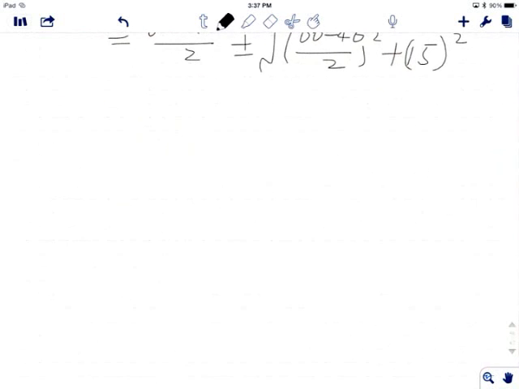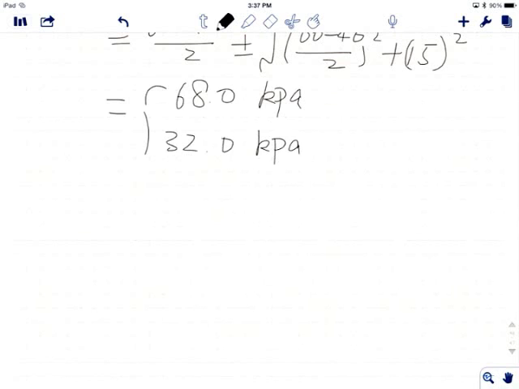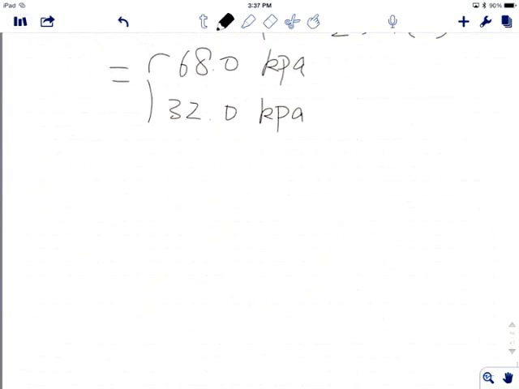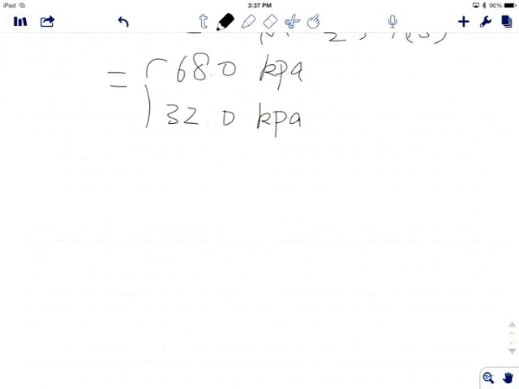Do the calculation and you'll have two stresses. The first one is 68 kilopascal, and the second one is 32 kilopascal. So that's my guideline for both distortion energy and the maximum shear stress.